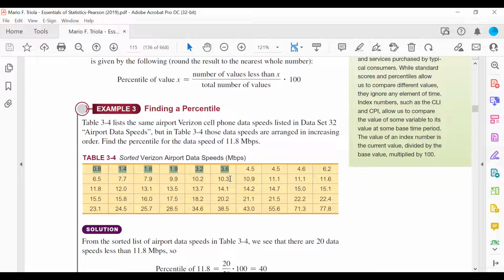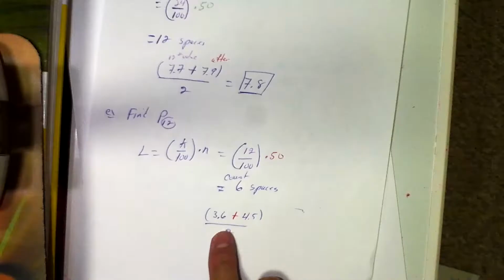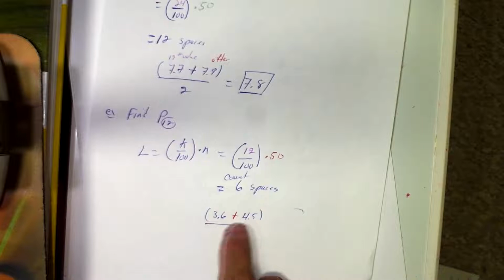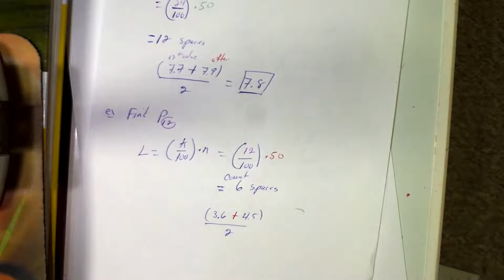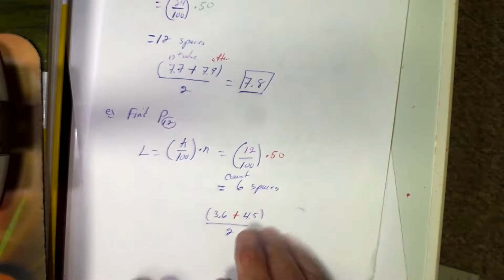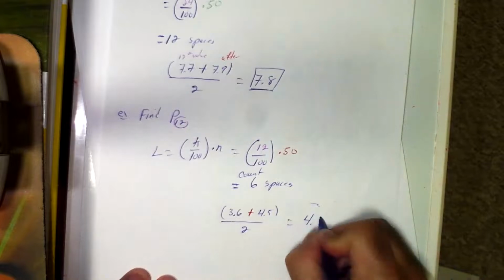I'm taking the average of the 6th value and the one right after it. 3.6 is the 6th value in the list, and the one right after it is 4.5. So I'm going to add them and divide by 2. That's 4.05. You don't round that number, that's it. It is 4.05.